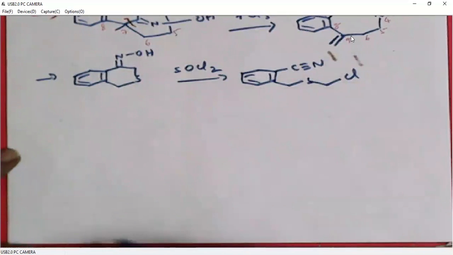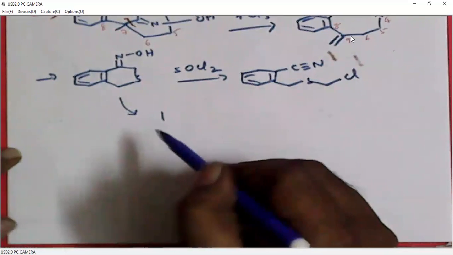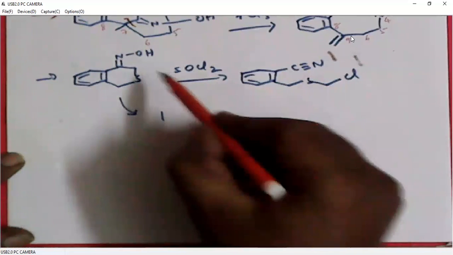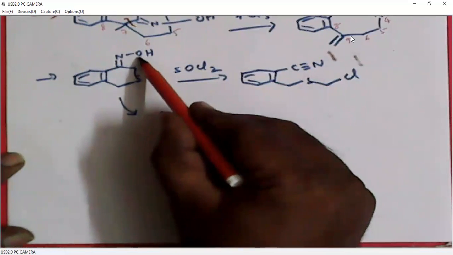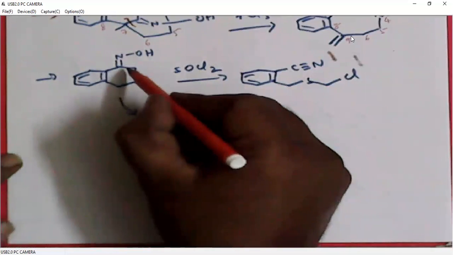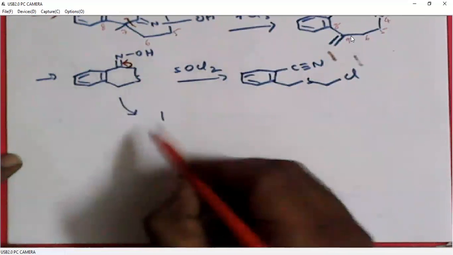How is this happening? I won't discuss the complete mechanism. Of course, the hydroxyl O will attack on sulfur. One of the Cl will be leaving. Then we can break this bond and polarize these bonding electrons towards nitrogen so that it generates C triple bond N, and this O will be leaving.